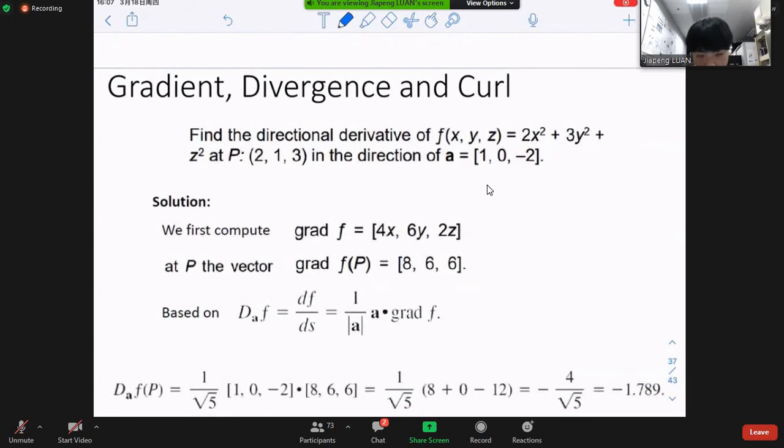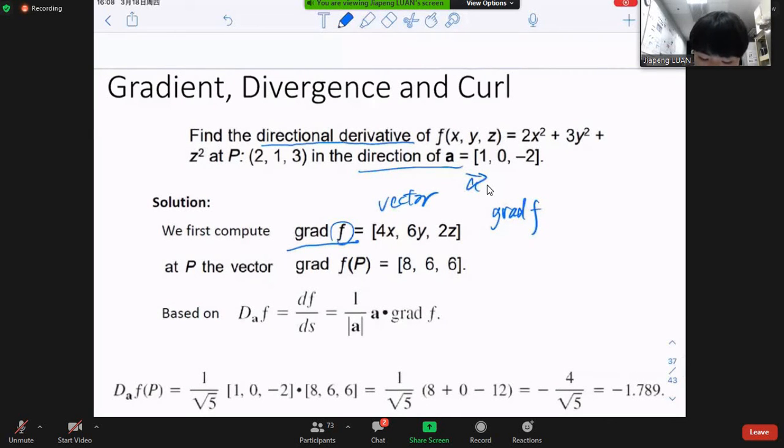It's actually when you have the gradient of a function, which is a vector, and you want to know the directional derivative in the direction of vector A, then you just need to calculate the projection of gradient f on A.